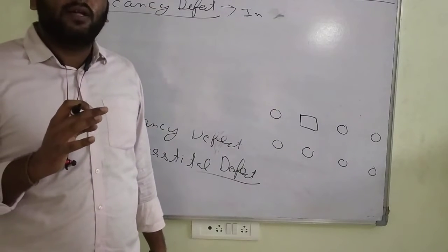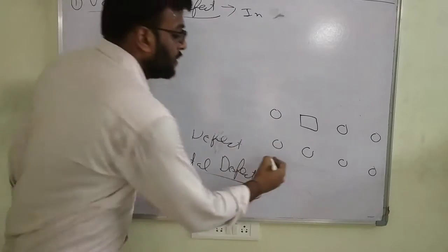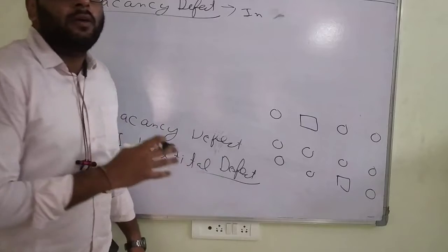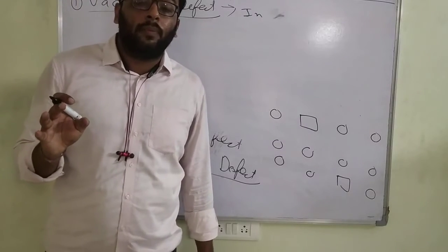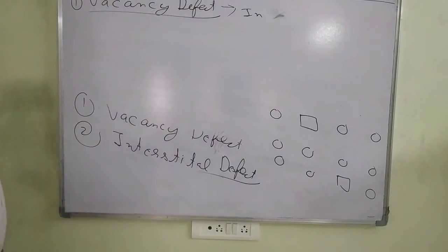Suppose one or two more particles are absent. The particle is vacant, not available. Particles are not available in reality. It represents the vacancy defect.